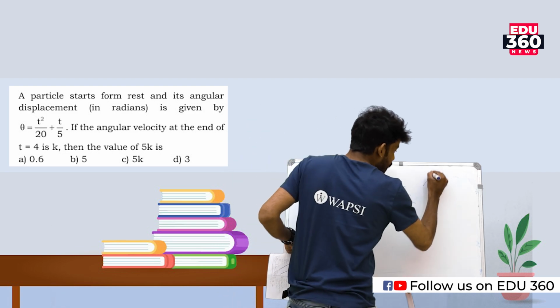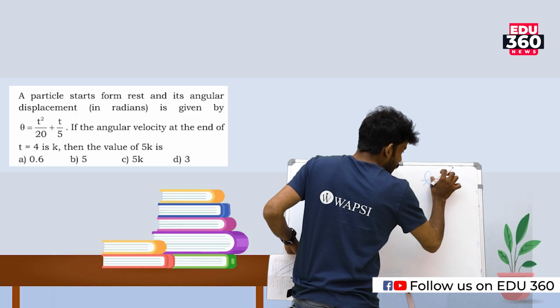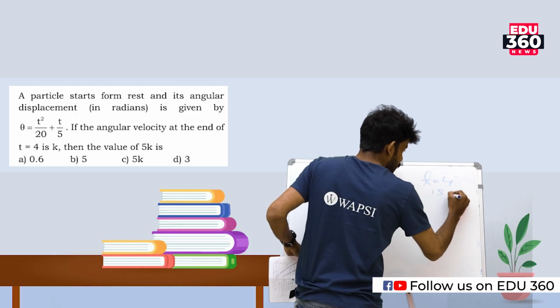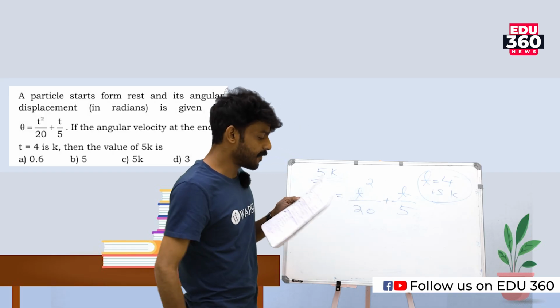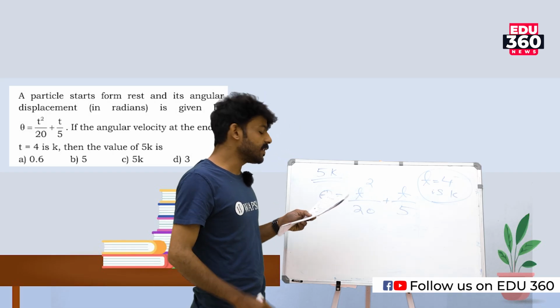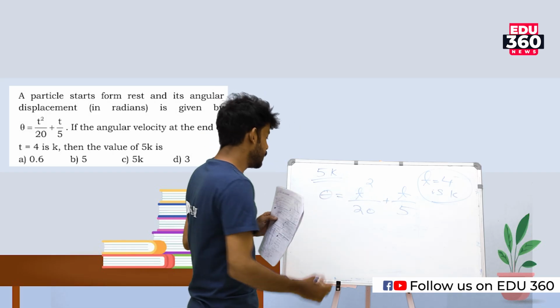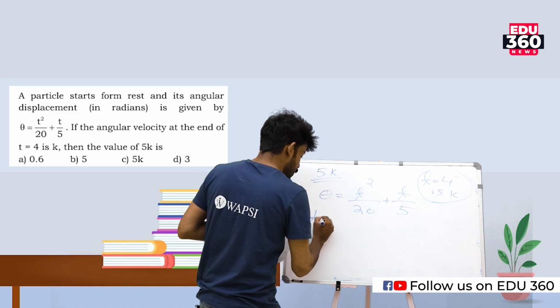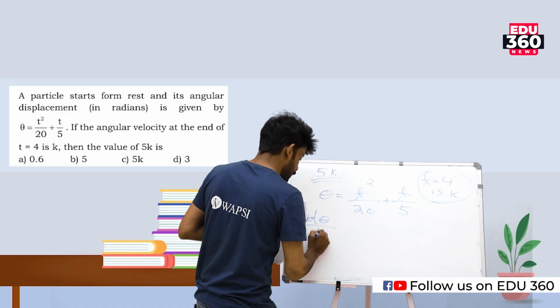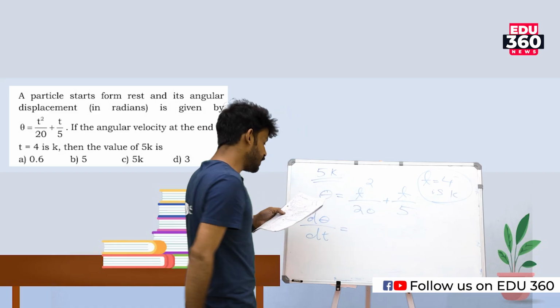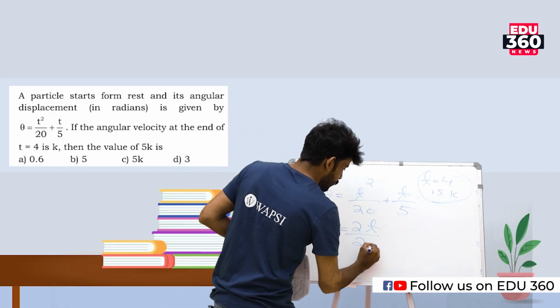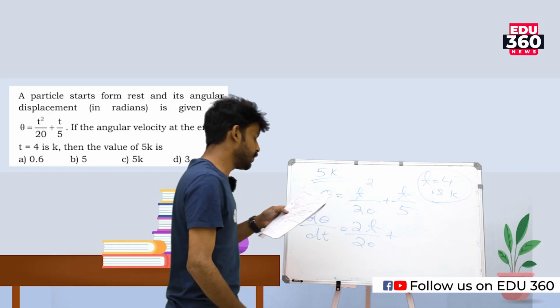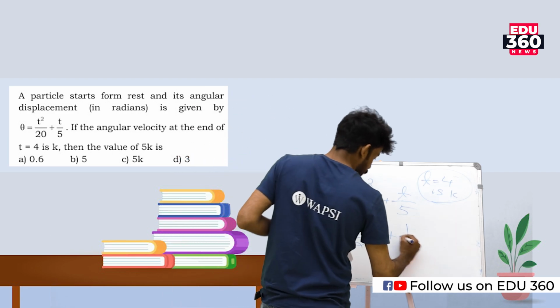So first of all, from this we can write d theta by dt. We are going to differentiate theta with respect to t. So t square, derivative is 2t divided by 20, plus what about t? The derivative of t is 1 by 5.